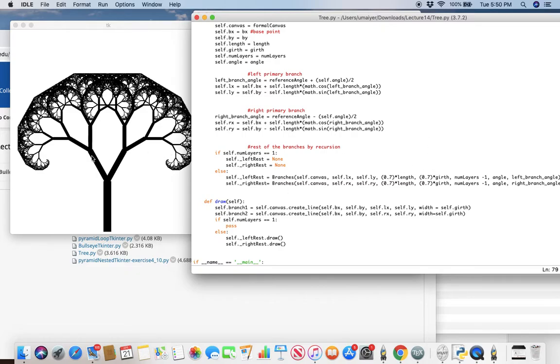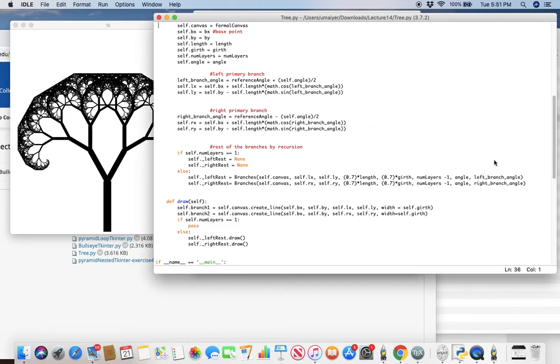You are going to reduce the thickness of each branch in comparison to its parent branch by 70%. You're reducing the number of layers, you're maintaining the angle the same, and your left branch angle will change. You see, I don't want everybody to be growing around this axis. The axis changes. Left branch angle, reference angle changes. Right branch angle, reference angle changed. Okay, and that's all. The rest is same.